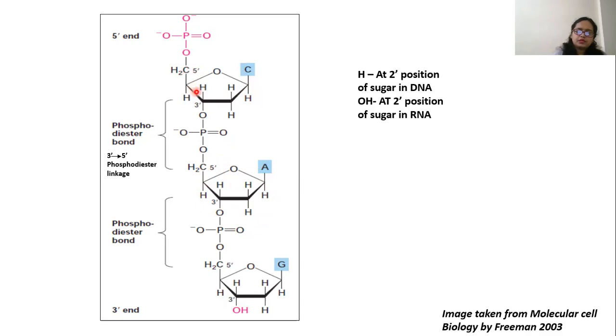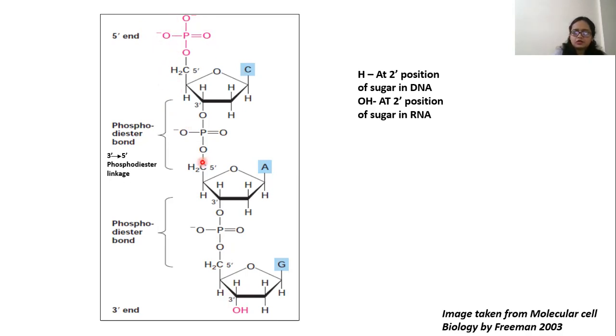So one more point is that at the 5' position, the phosphate group is present, while at the 3' end, the carbon of the pentose ring is attached to the hydroxyl group. So the 3' end of this polynucleotide chain is formed by the hydroxyl group, while the 5' end is formed by the phosphate group.